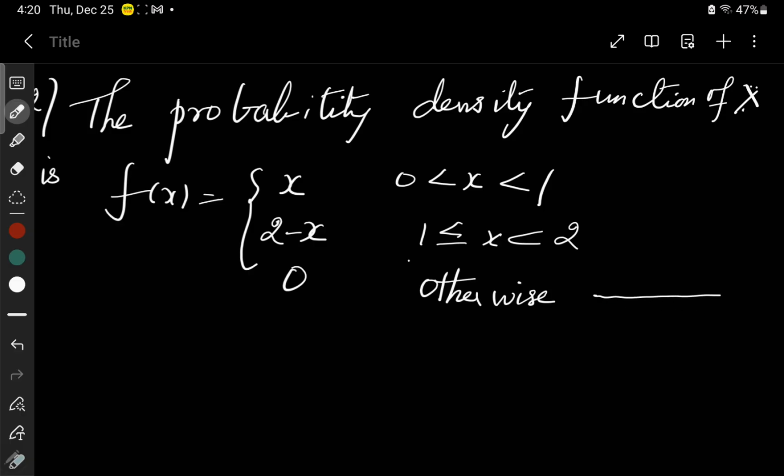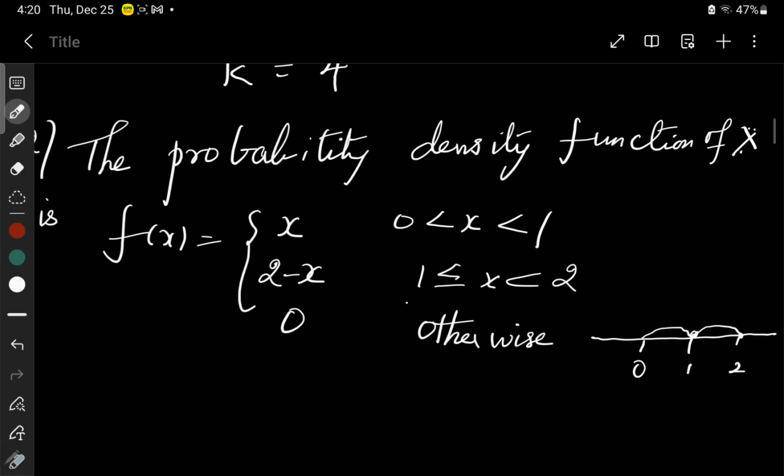You can take the intervals here: center 0, then 0, 1, 2. So 0 to 1 and 1 to 2; 1 is included in the second interval.